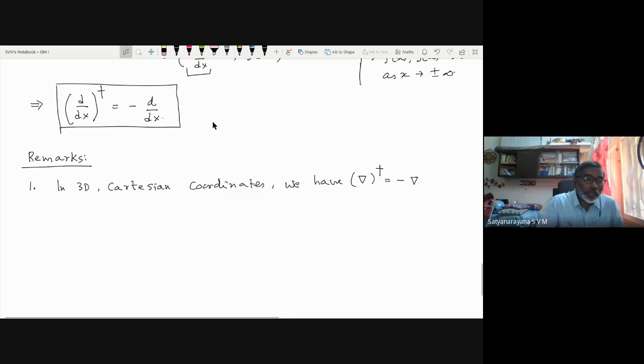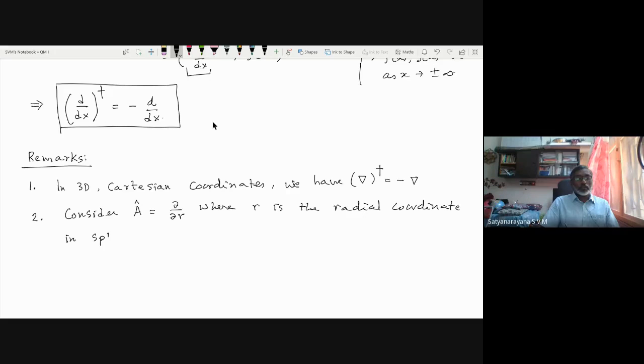But suppose you consider your operator A to be dou by dou r, where r is the radial coordinate in, let's say, spherical polar coordinates.